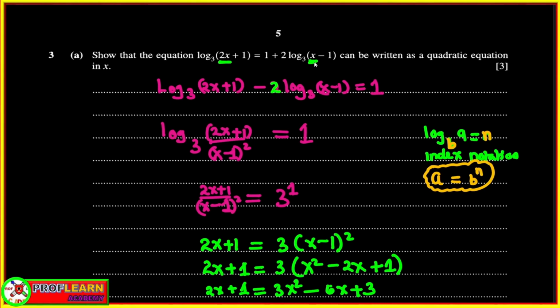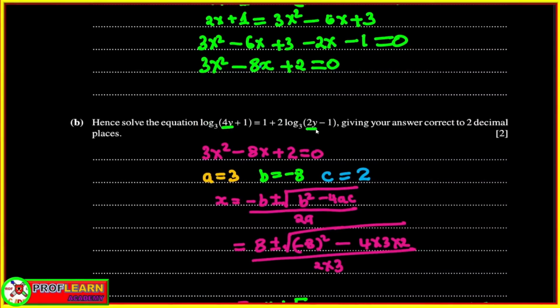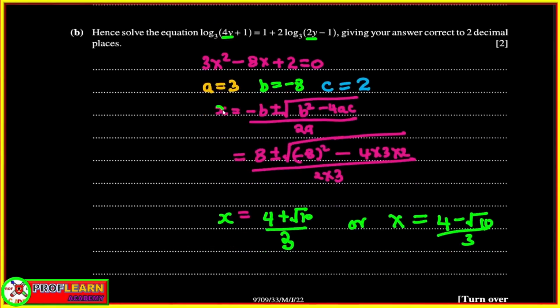We are having 2x, we're having x, but in the quadratic, we're having 4y. So we're going to say 2y instead of x here, because in the previous expression we were having 2x in the first part, and in the second part we were having just x.